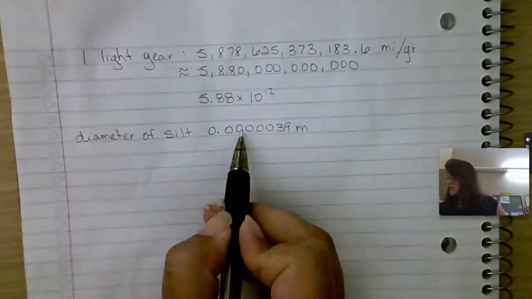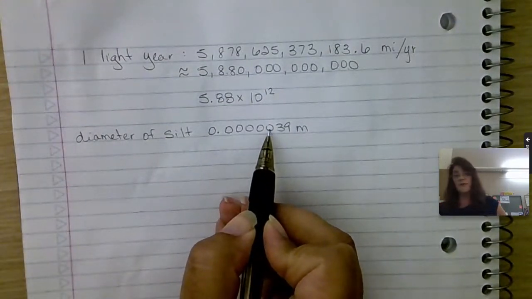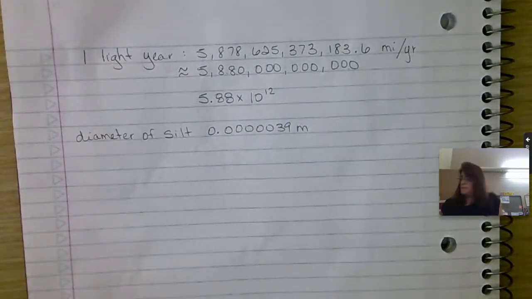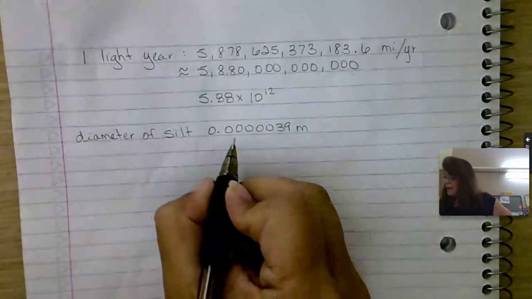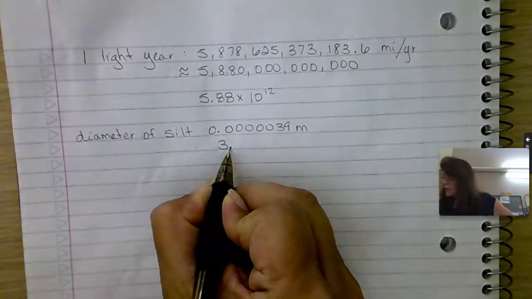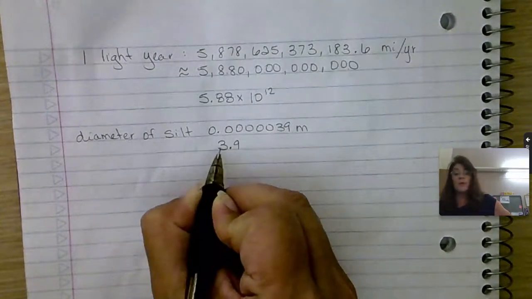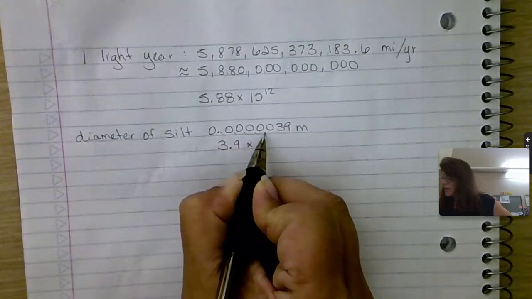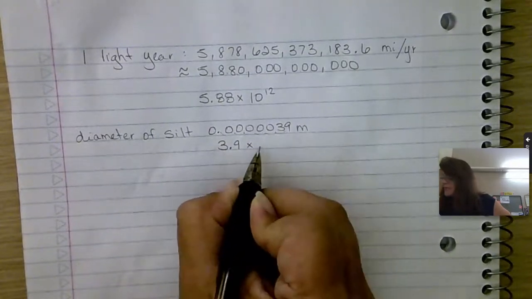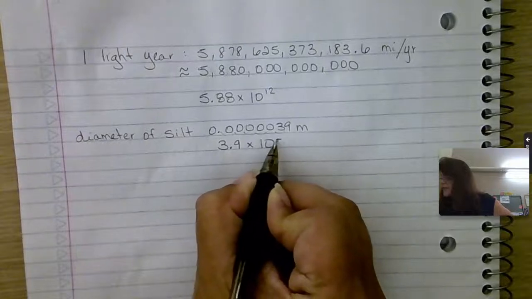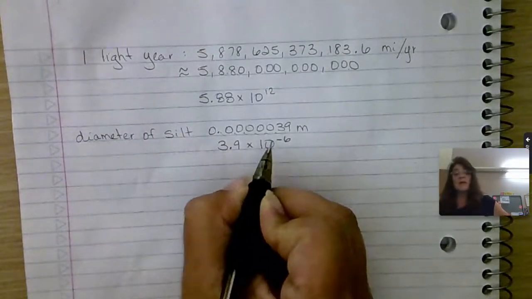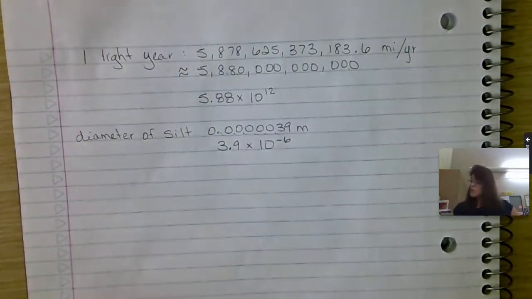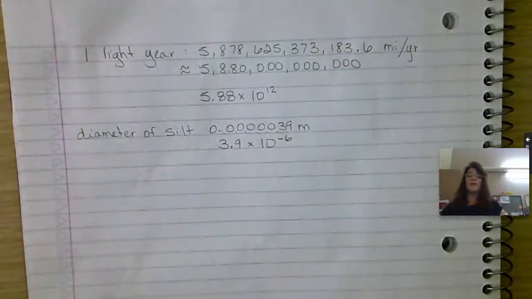Tens, hundreds, thousands, 10,000s, 100,000s. We're getting into teeny tiny infinitesimal measurements. Instead, I could write 3.9, a number between 1 and 10, times 10 to the negative 6 power. So all we're doing is showing a way of comparing.